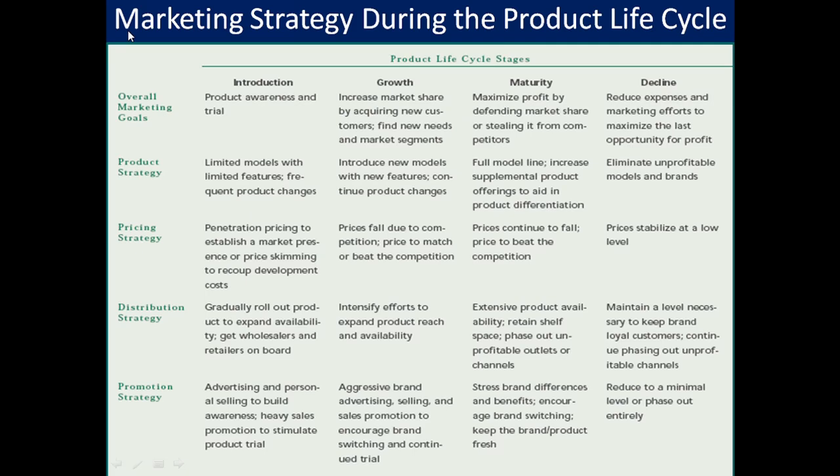And during maturity, the distribution strategy is to have extensive product availability, retain shelf space, and phase out unprofitable outlets or channels. Finally, during the decline stage, the distribution strategy is to maintain a level necessary to keep brand loyal customers, and continue phasing out unprofitable channels.